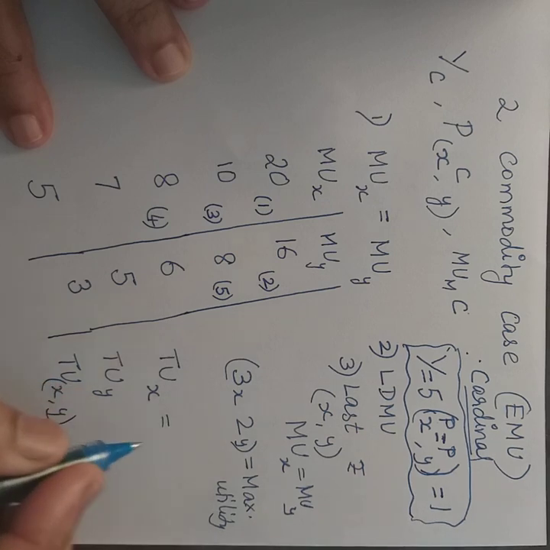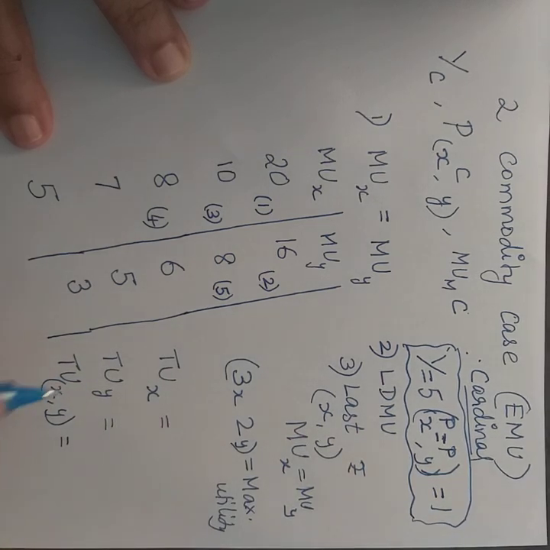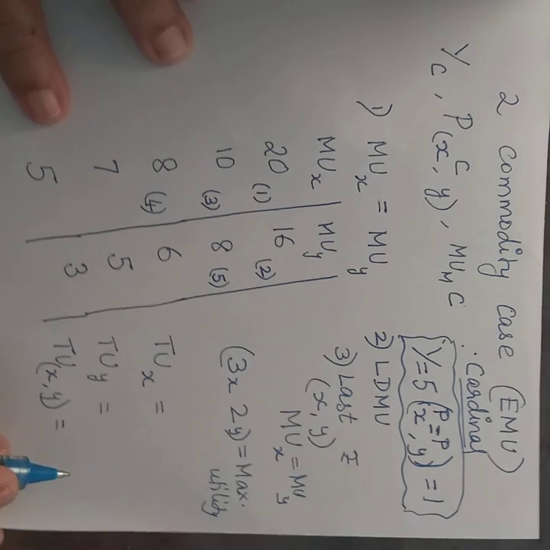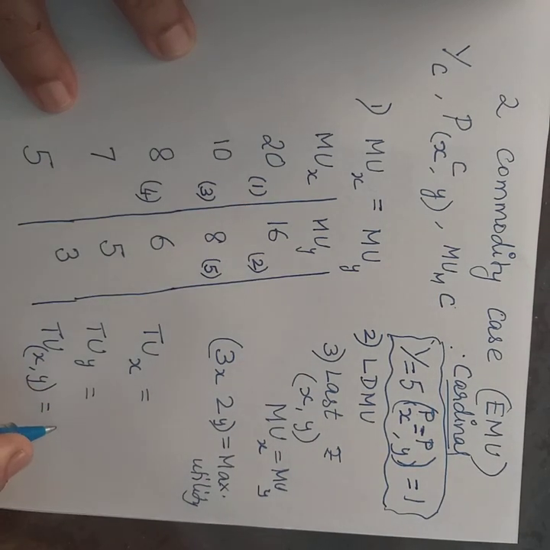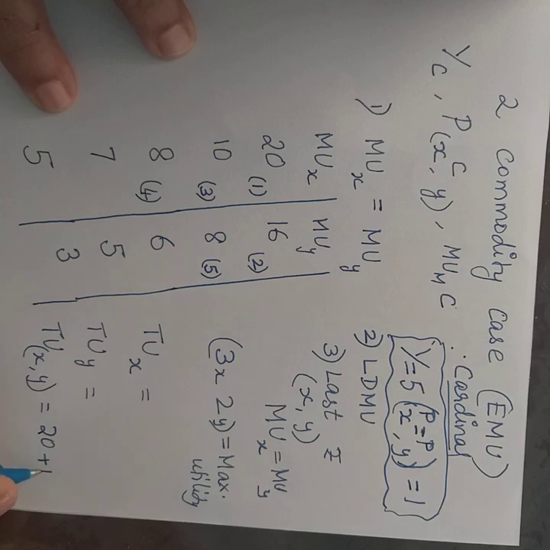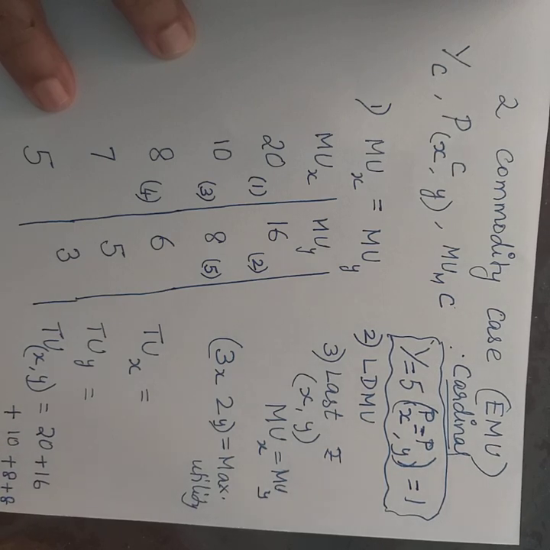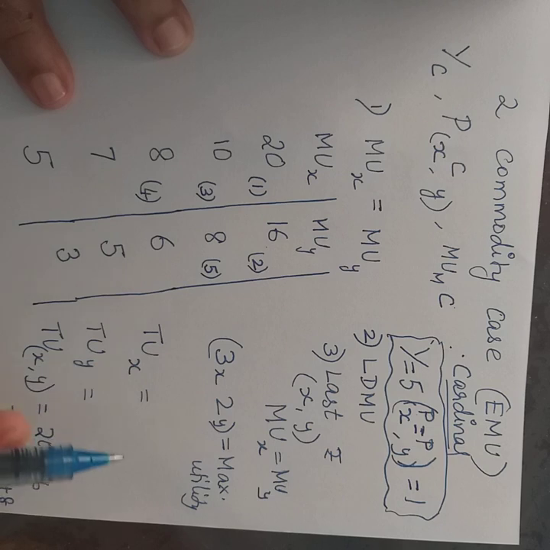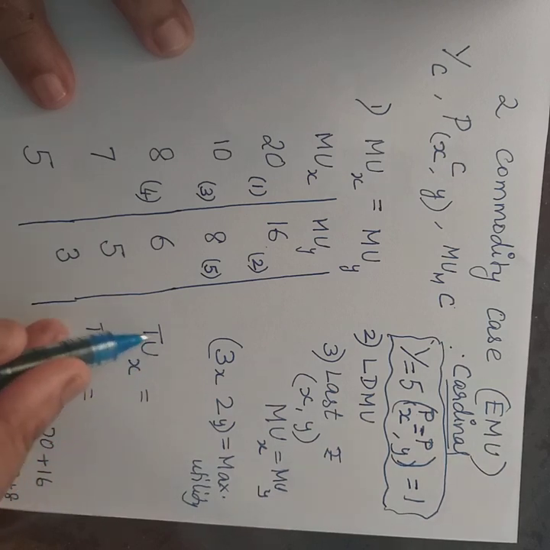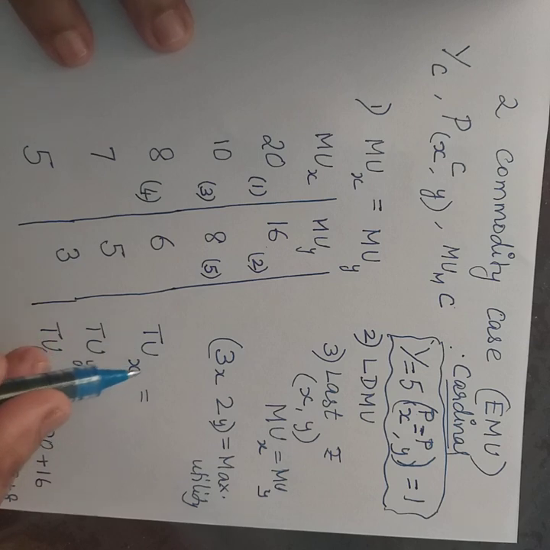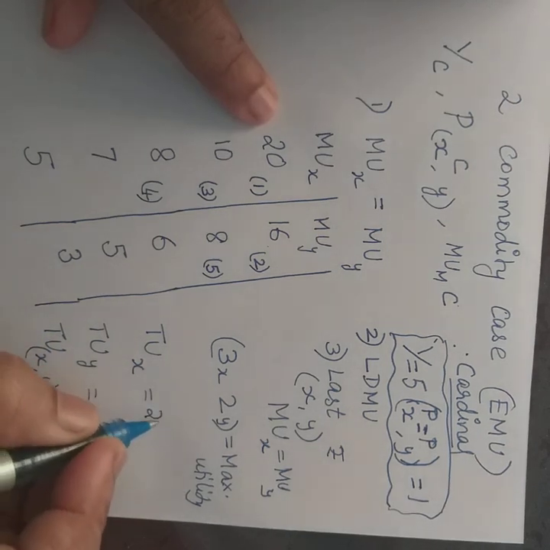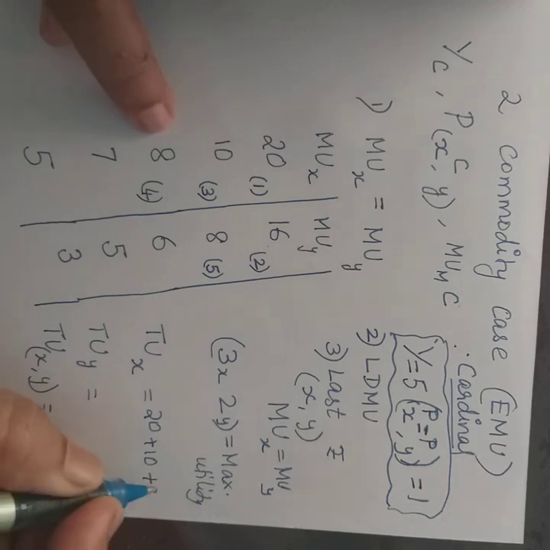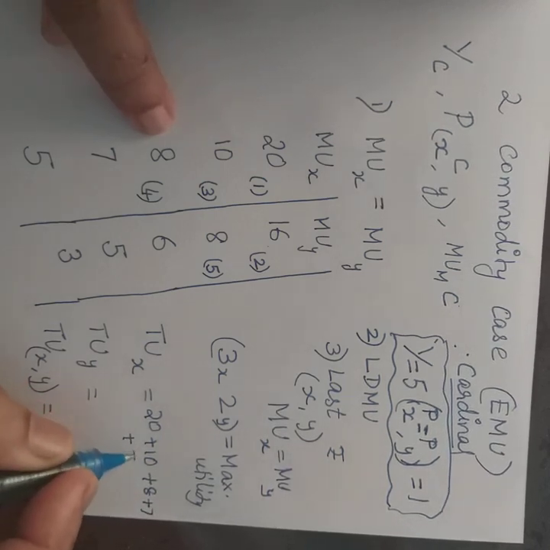So if you total up, you will understand that combination of X and Y will be 20 plus 16 plus 10 plus 8 plus 8. Fine, 5 rupees only. So the 5 rupees is going to be spent like 1, 2, 3, 4 and 5. And if the entire income is going to be spent on the purchase of X alone, then that would be 20 plus 10 plus 8 plus 7 plus 5.